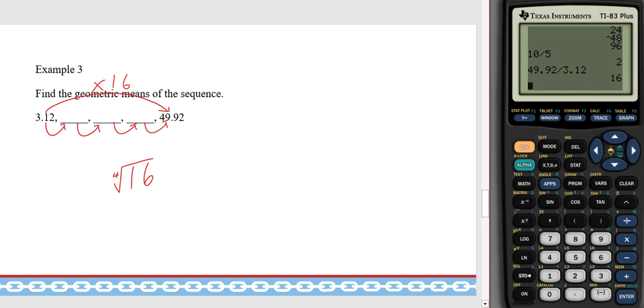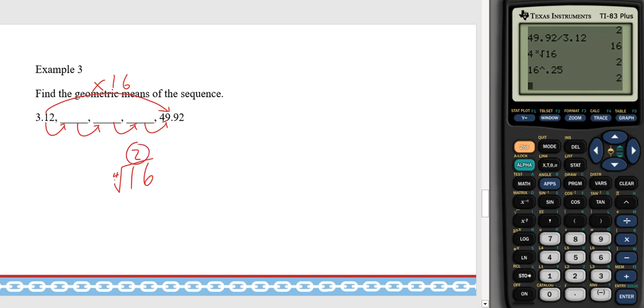So the 16, my overarching ratio, I'm going to take to the 4th root because I have the 4 jumps. I can enter that into the calculator by entering that 4 first and then going to math, number 5, 16. I could also say 16 to the 1/4 power, either way, 2. So I have a common ratio of 2.